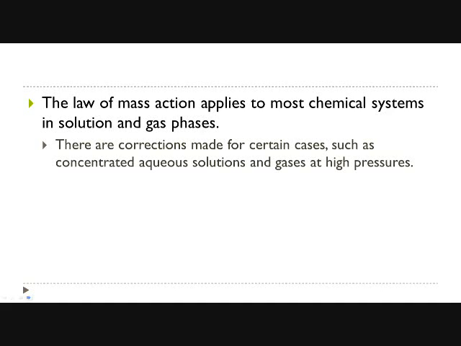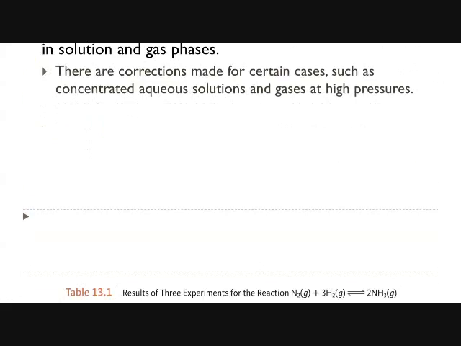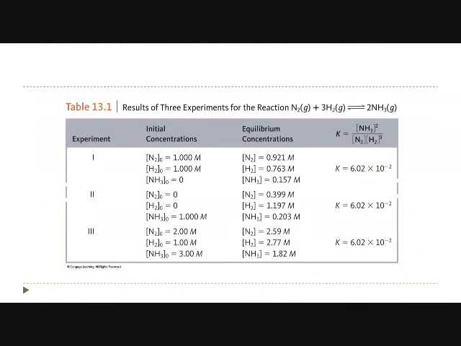There are some corrections for concentrated aqueous solutions and gases at high pressures, but that would be given to you if you needed it. The table I have there shows that the same reaction was tested 3 different times with different initial concentrations.